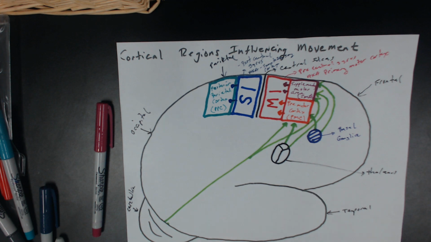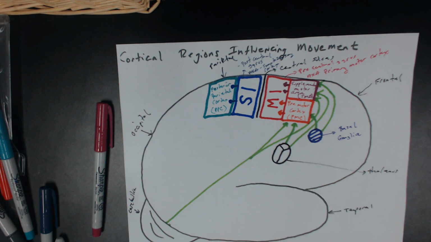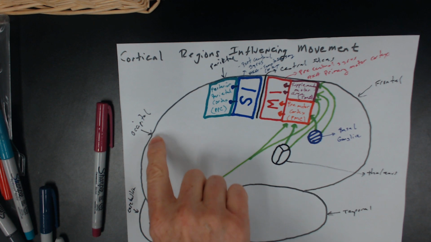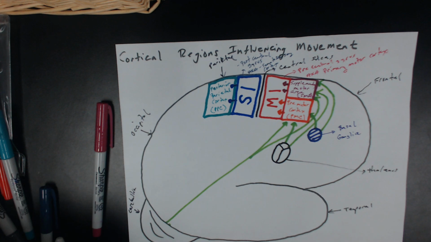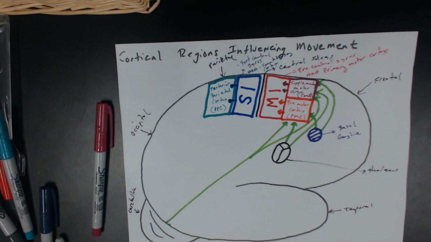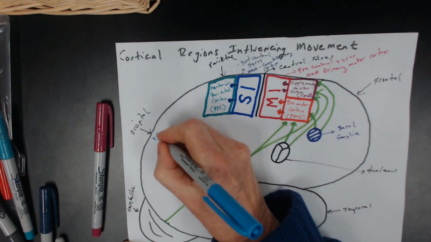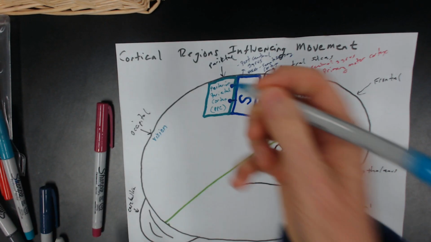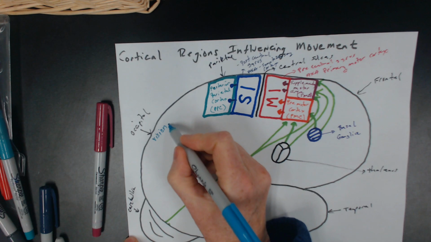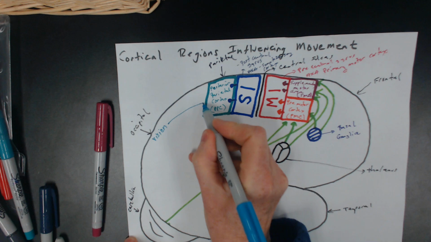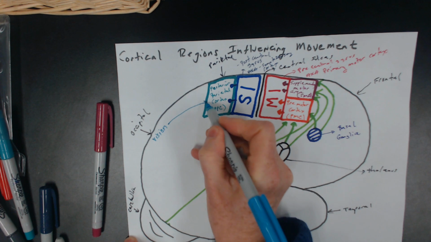In addition to the main somatosensation coming from the body, you also have information coming back here from the occipital lobe. Does anyone remember what's processed in the occipital lobe? Vision. Awesome. So all this visual information is processed in the occipital lobe, and then that visual information is also transported to the posterior parietal cortex.